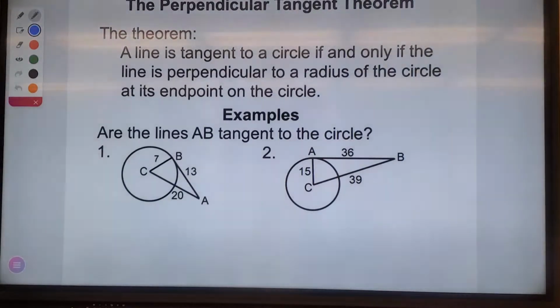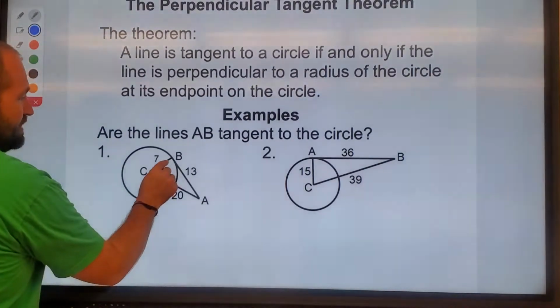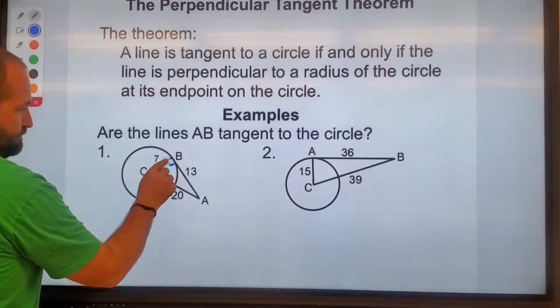Okay, so in other words, if I'm looking at number 1 here, that statement says that AB is tangent to circle C if and only if it is perpendicular at point B, or the point of tangency. Okay, so perpendicular means what? Perpendicular means that this has to be a right angle here.